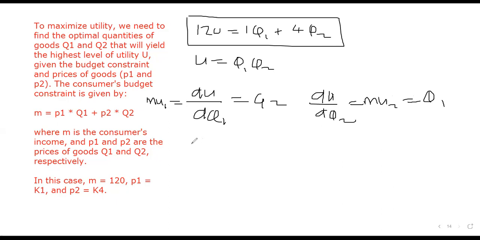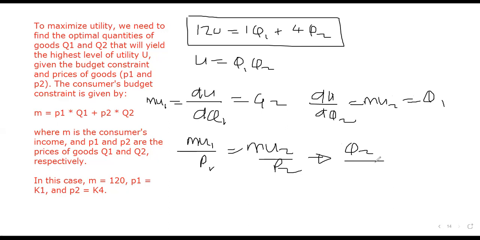Then how to maximize the function? mu1 over price of 1 should be equal to mu2 over price of 2. In this case, mu1 is Q2. The price of good 1 is what? 1/4. mu2 is Q1.